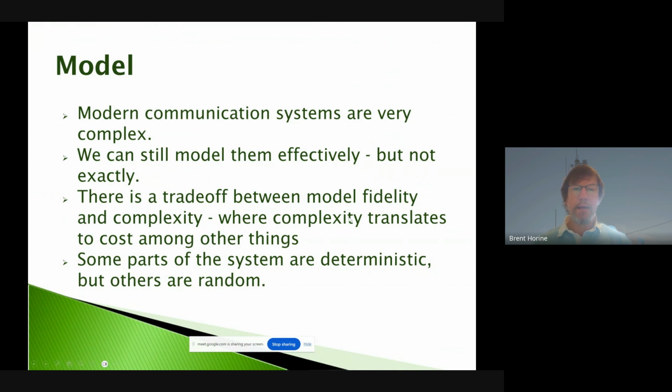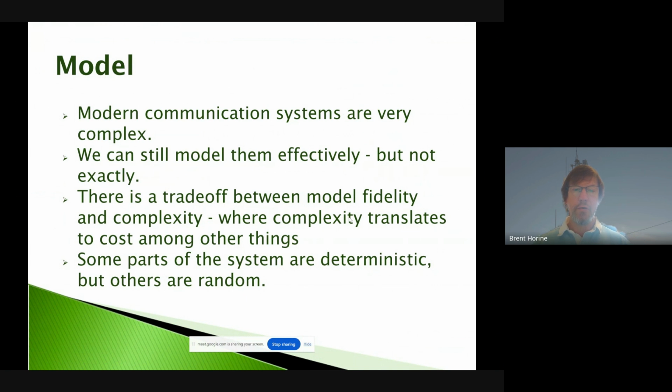In general, we talked about how there's a trade-off between model fidelity and complexity. If you want a really accurate, precise model, then you're going to have to build in a lot of complexity. That's going to take not only a lot of engineering time to build the model, but also a lot of time to actually execute the model.